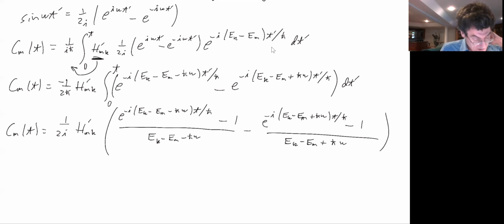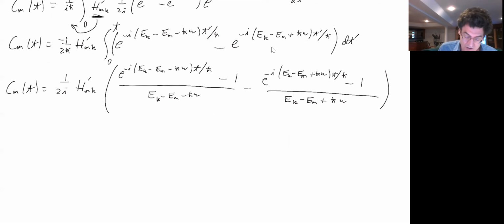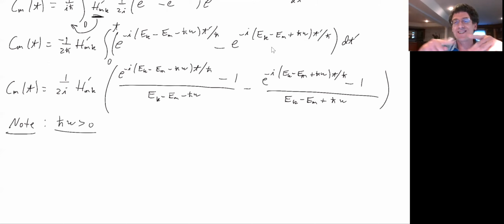All right, and so now there's something really cool to notice. I got these two cases, but first we remember that h bar omega is always greater than 0, because the frequency of the light is always a real frequency. We're always assuming that frequency is just a positive number.